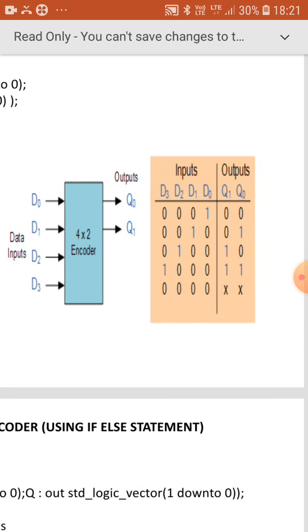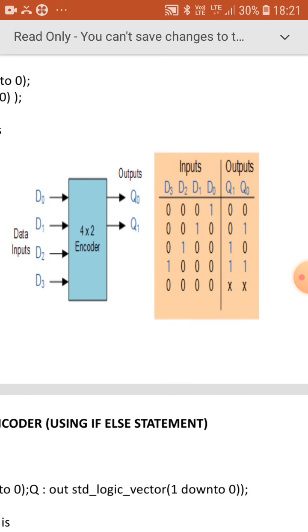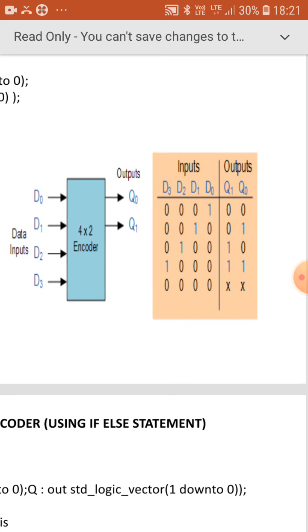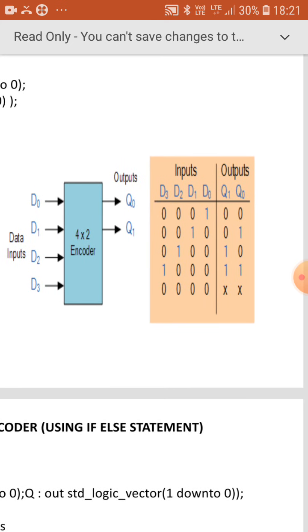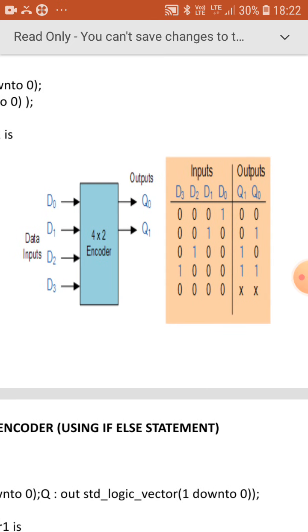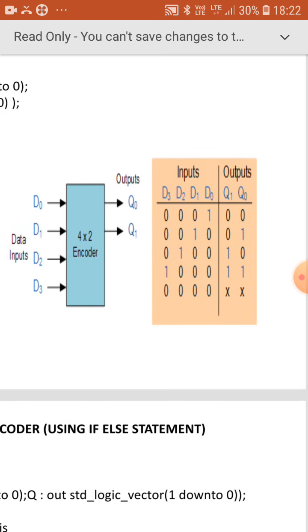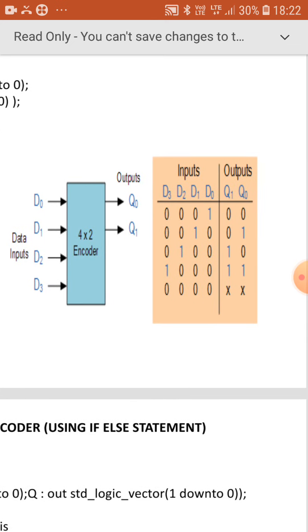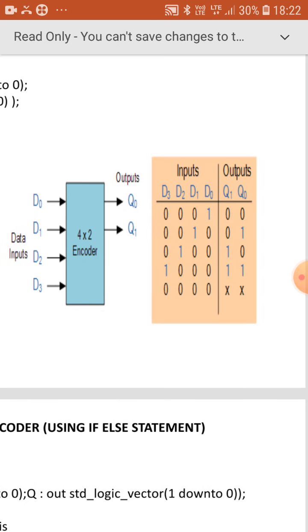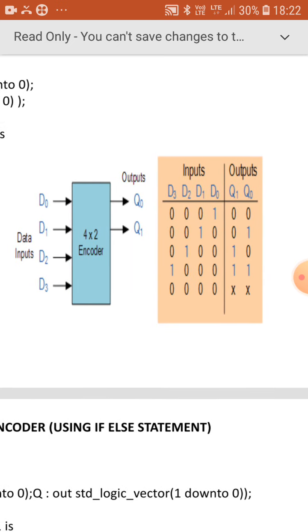If D2 is 1, then the output will be 1, 0, the binary equivalent of 2. If D3 is 1, then the output will be 1, 1, the binary value for 3.